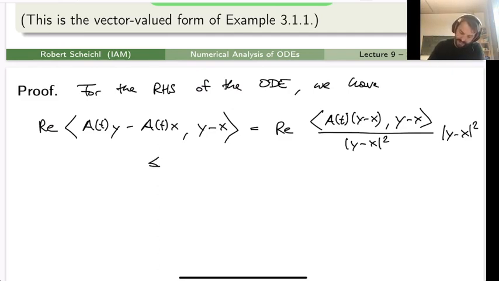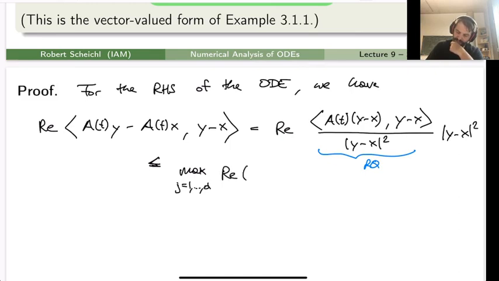And I added and divided and multiplied with this square, because then this is just the Rayleigh quotient, and so this is essentially bounded from above by the maximum eigenvalue of A of t. So this is in fact bounded above by the maximum over j equals 1 to d of the real part of lambda j of t times |y minus x| squared.